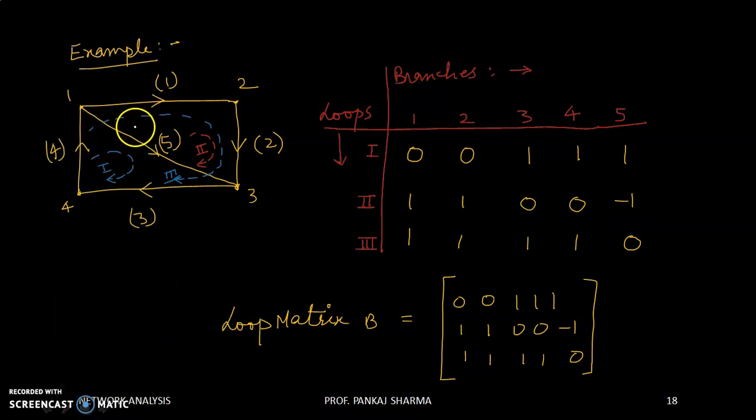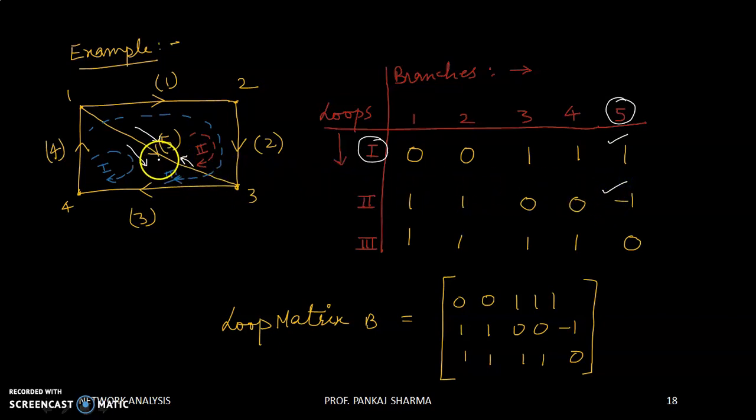See this branch number 5. In loop 1, branch number 5 has the same orientation as loop 1, like this, so it is 1. Branch number 5 for loop number 2 has a different and opposite orientation, so it is -1.